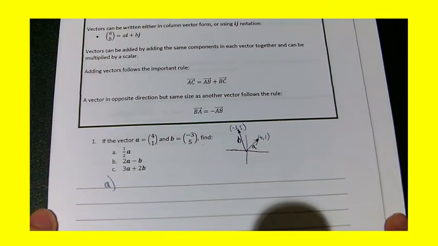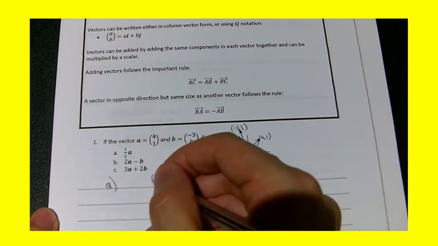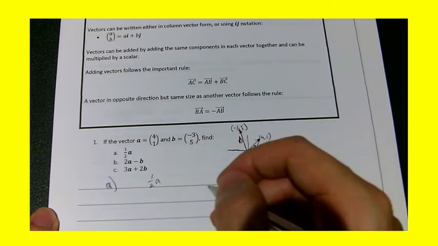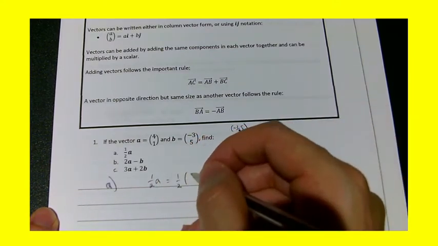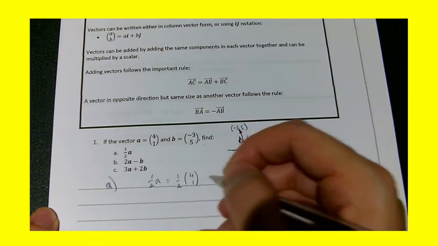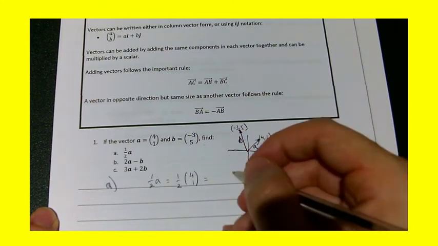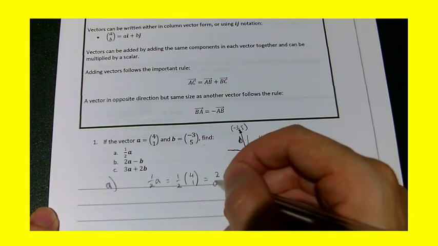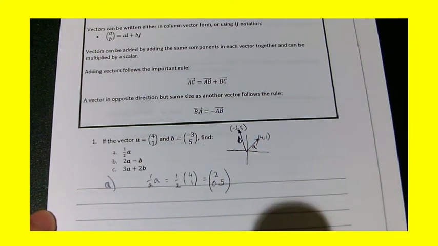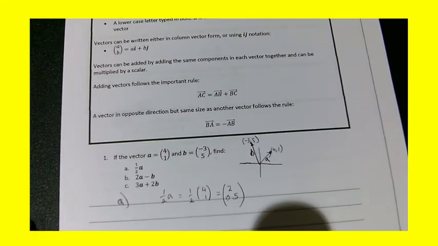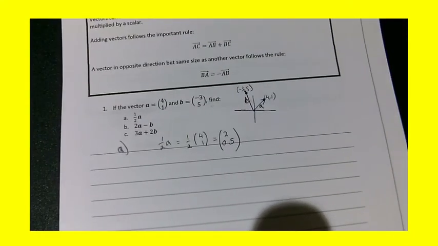Anyway, half a. So we've got a value of half a, which is basically half the vector a, which is (2, 0.5). Okay, so what we can do is multiply the vector by the scalar of a half.